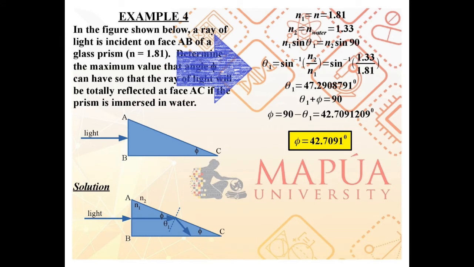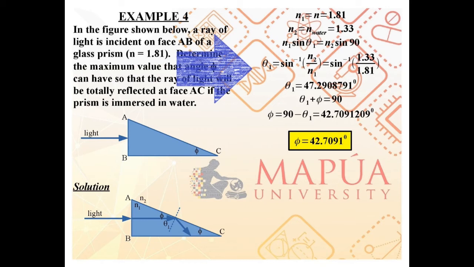The glass prism is immersed in water, so we have two media, the glass prism and water. In terms of index of refraction, we have N1 and N2. Let N1 be the index of refraction of the glass prism, 1.81, and N2 be the index of refraction of water. It's not given by the problem, but we know the index of refraction of water to be 1.33.